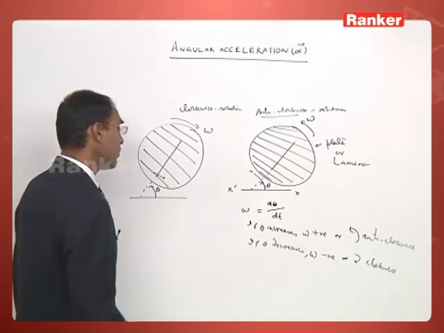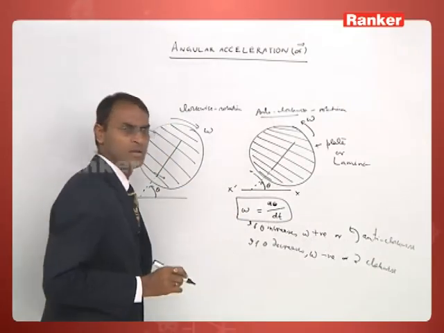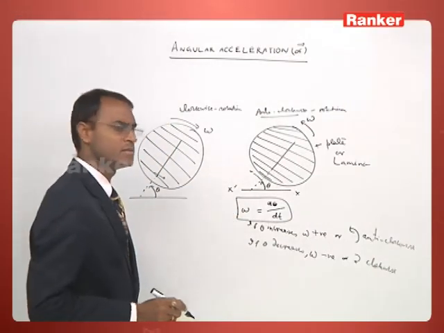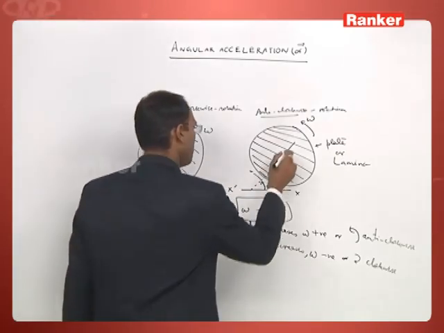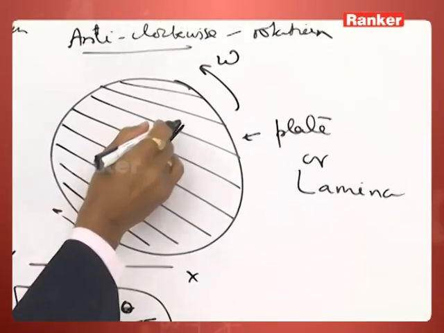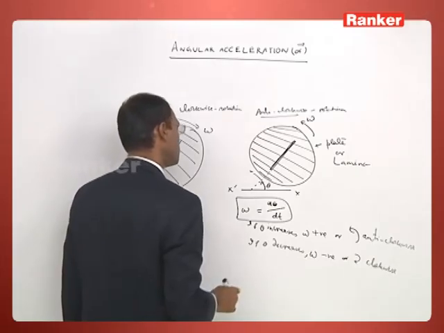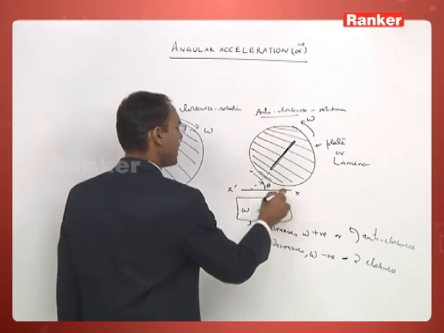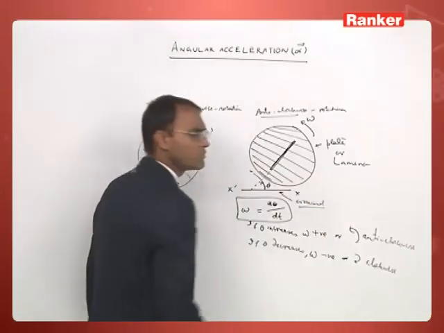So the concept of omega is derived or defined or explained or expressed by taking the straight line drawn on the rigid body, and measuring its angle of inclination with respect to a fixed line which is fixed with respect to ground.